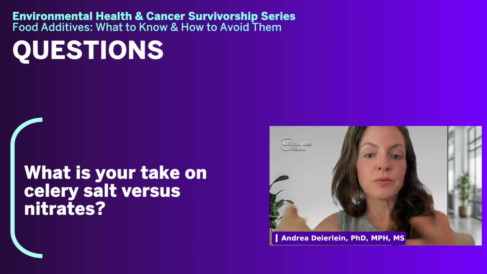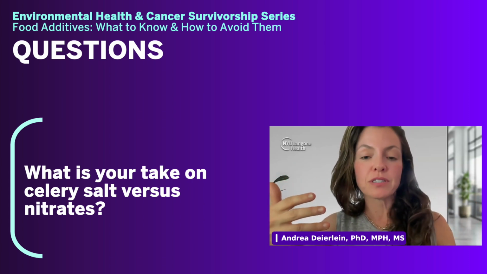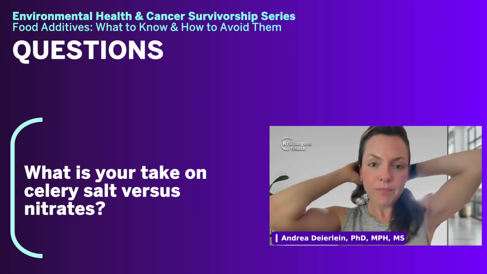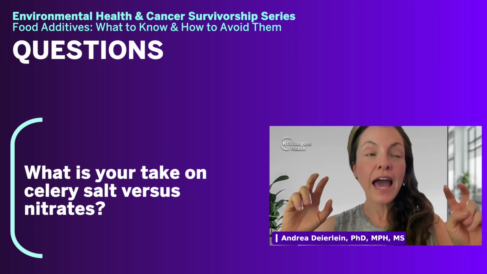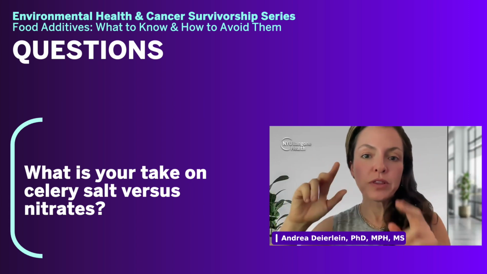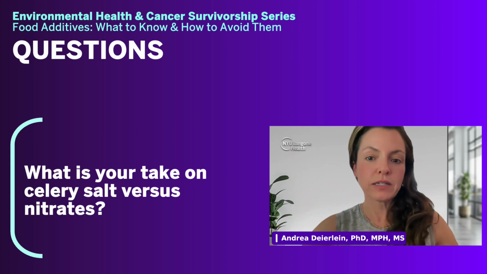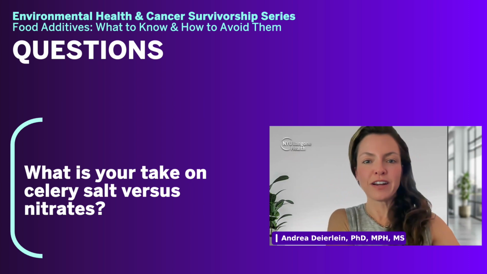It's still being consumed in that meat product, and the meat product is probably still being cooked at high temperatures, et cetera. So that's the issue with these labels like no nitrates added, or nitrate free, where they put that asterisk with the celery. That still does have the same effect in the body. I hope that makes sense. But we're fine with nitrates if they're in vegetables.